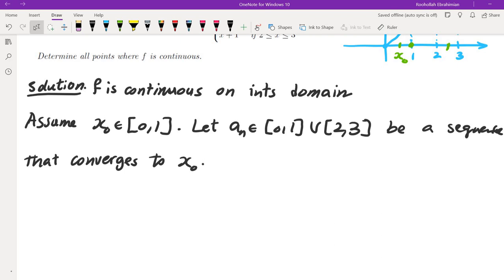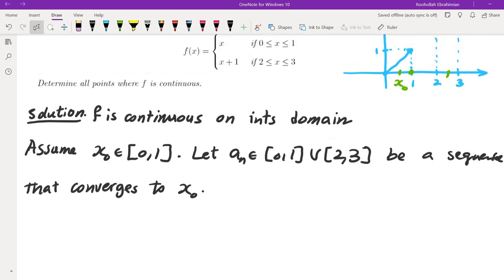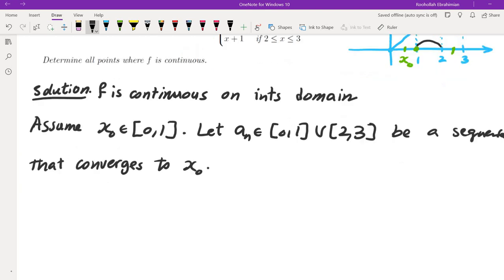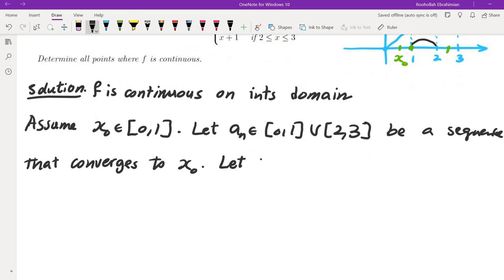Now, since x0 is between 0 and 1, the sequence must be inside (0, 1) at some point. How do we articulate that? What we're going to have to do is to take some epsilon, and we have to take epsilon to be less than or equal to 1. So let epsilon be 1 in the definition of limit.